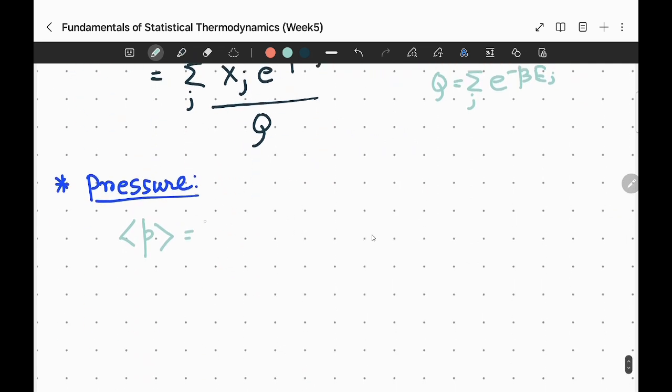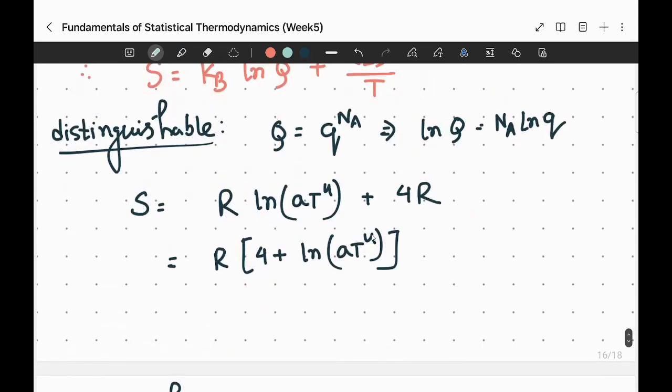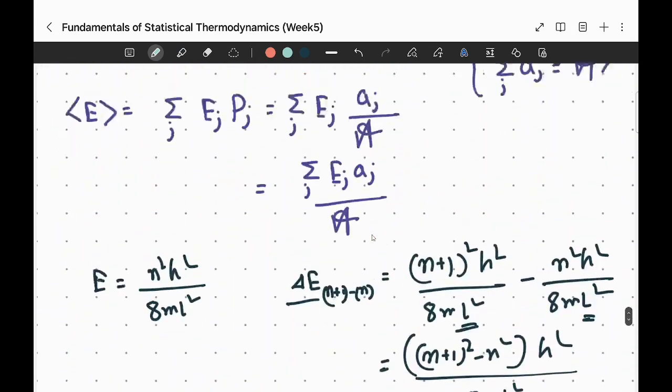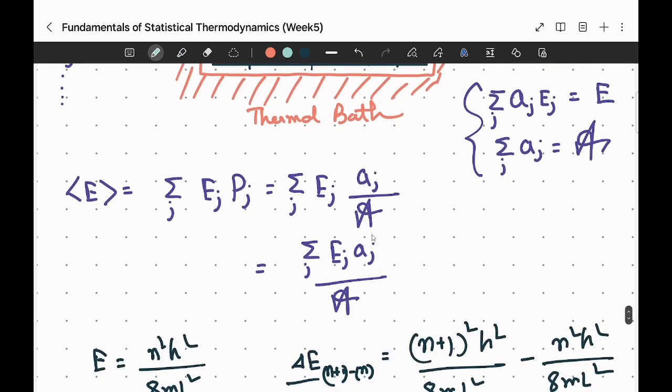So for small p, it will always be P_j, capital P_j, and you know the form of P_j: e to the power minus beta E_j. One thing is needed here, otherwise you can't do it. That's why here you know the form of the E average. We have already discussed the E average before. Yes, this is the form of E average.